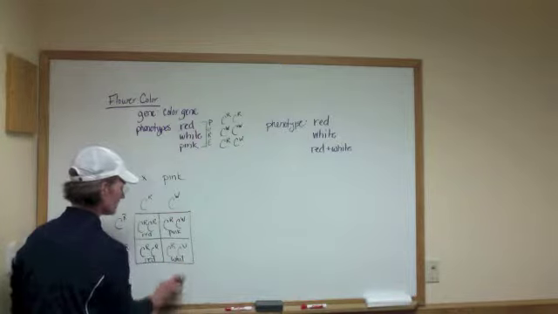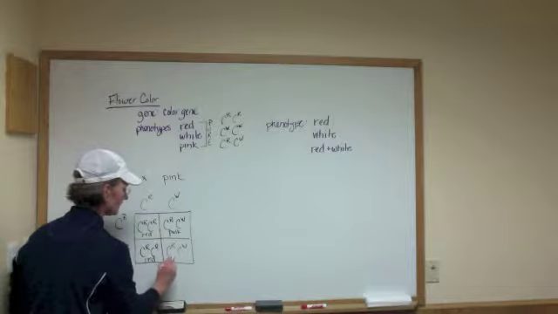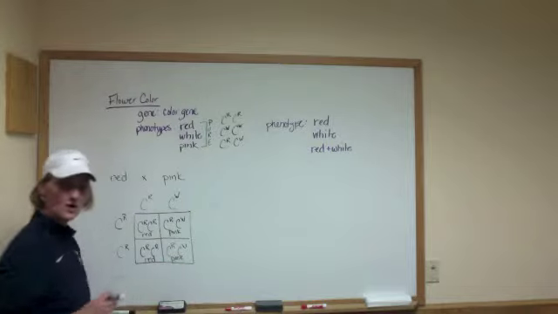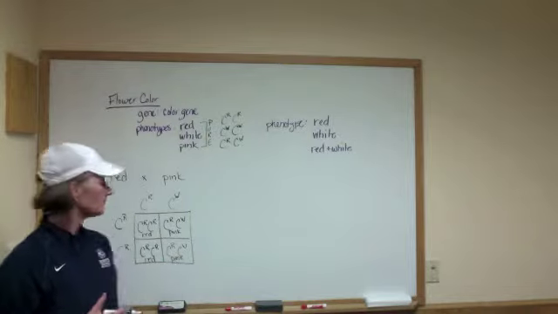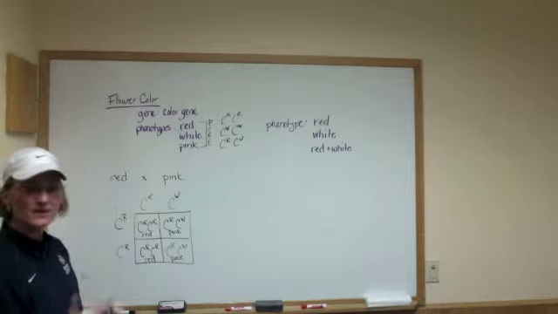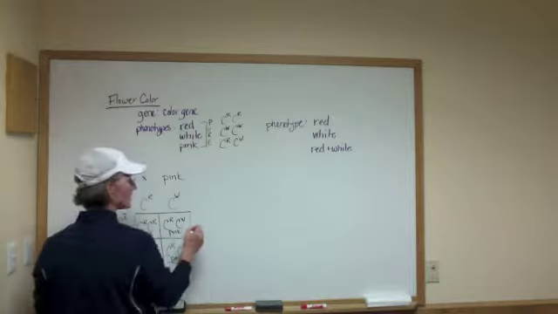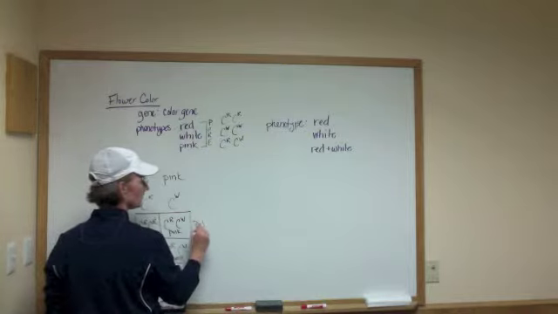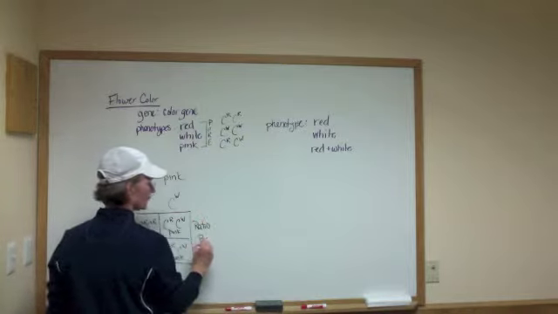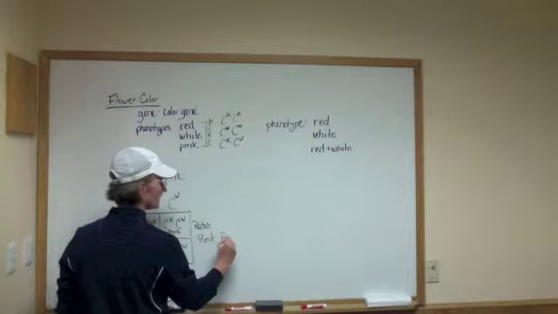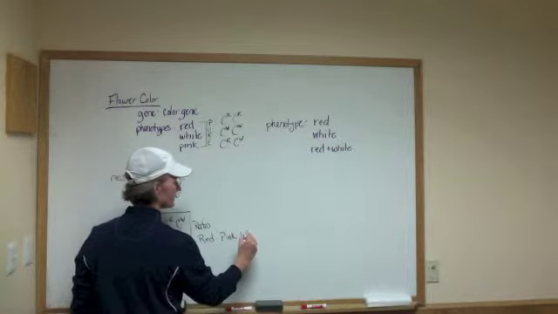Oh, wait a minute, it's not going to be white. If it's carrying a red and a white allele, it's going to be pink. So, genotypically and phenotypically, we don't have those funky ratios like we had before. We have to actually spell it out and say, what is our ratio of red to pink to white?